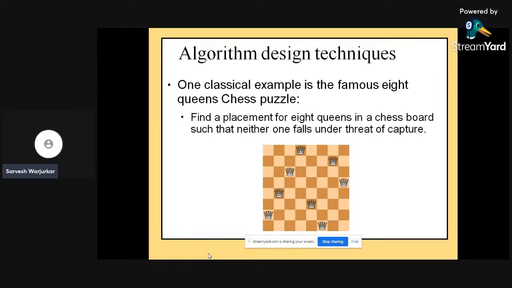This is one simple possible way we can find. But initially when we start, we may begin with the first queen in the very first block over here. Accordingly we may be able to place seven queens like this, but it may not find a possible way.